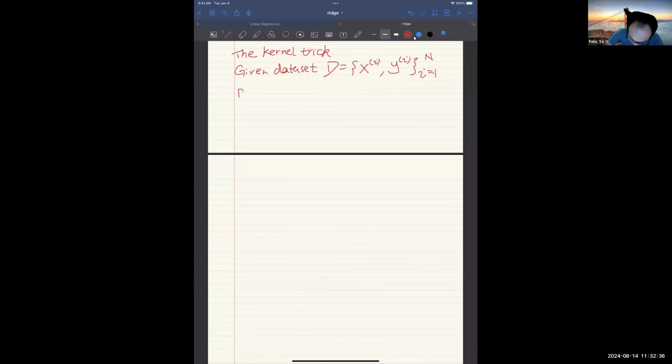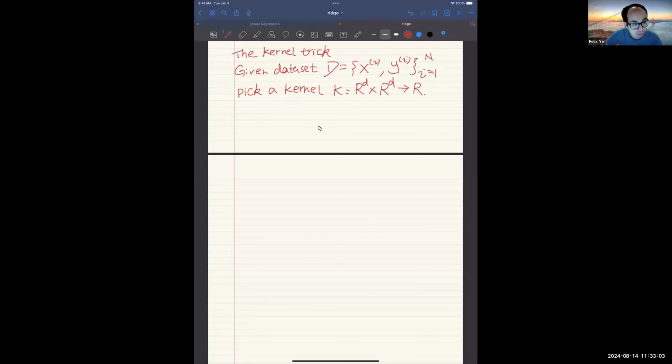And we pick a kernel. We don't actually choose this phi in general. We just choose the kernel directly. So there are multiple choices of kernel that you can make here.